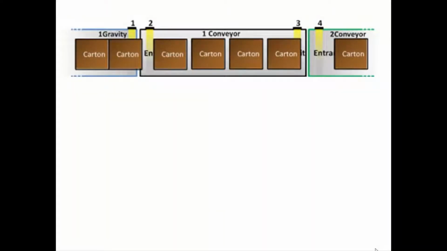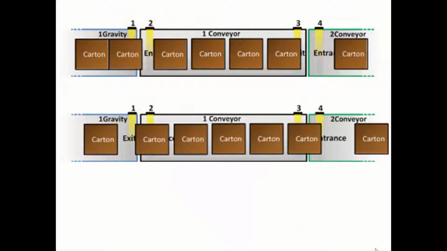Okay, so in this case, there are 4 cartons on one conveyor. 2 conveyor has stopped, so the cartons just stack up at the lower end of one gravity, with one unblocking photo I1. But again, they're not going onto one conveyor because one conveyor can't run because 2 conveyor is not running. Okay, so 2 conveyor takes off, and when it does, it pulls a carton.